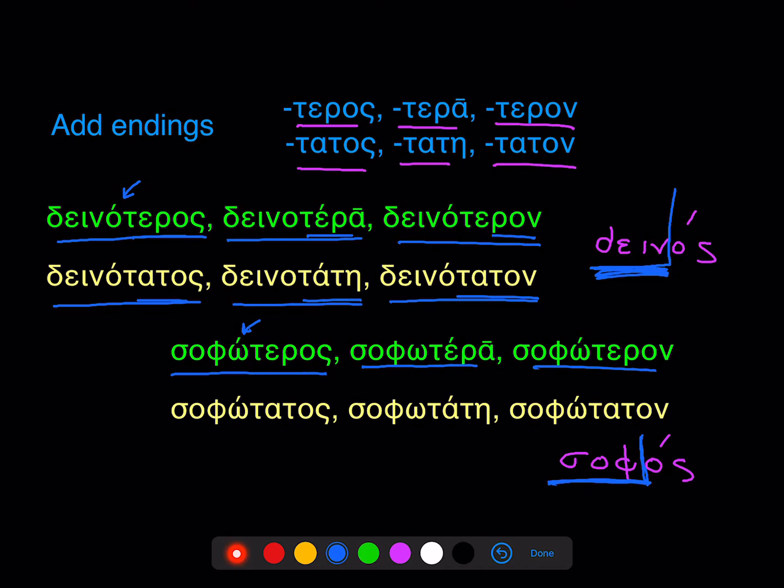Smarter, wiser, and sophotatos, sophotate, sophotaton, wisest, smartest. So let's talk a little bit more about how you figure out whether that last syllable of the stem is long or short.